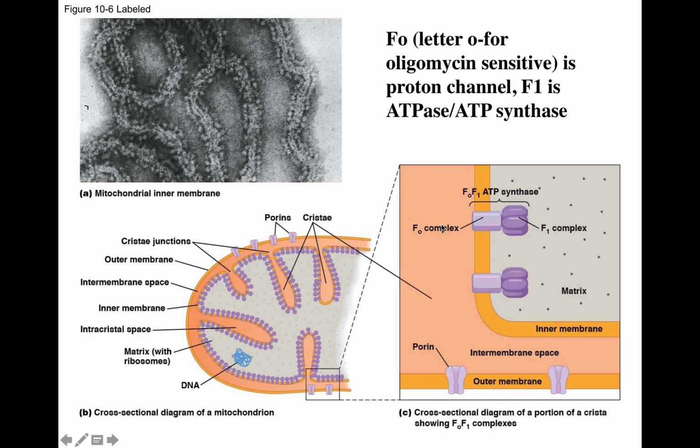So protons will move through this FO channel and bind to a complex on the F1 complex, causing this to rotate and causing ATP to be synthesized, and then ATP is released in the matrix. The F1 part of this complex is pointing toward the matrix.